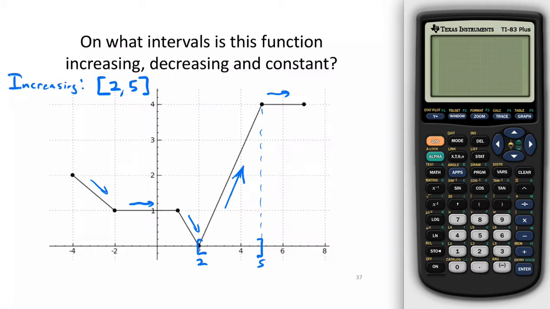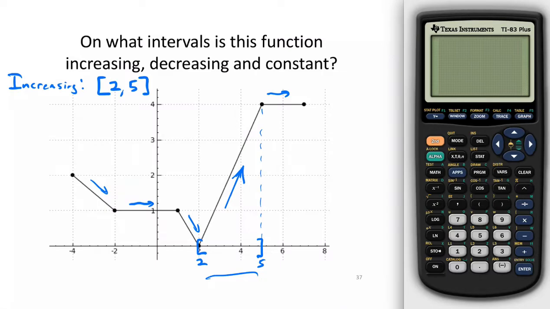If I say, look at the input interval from 2 to 5, everyone's going to look right here. That's just a well-defined place on that graph. And so I can say this function is increasing on the interval from 2 to 5, and even if you didn't have this graph, you would know that between input values of 2 and 5, the function's going uphill. So that's it for increasing.